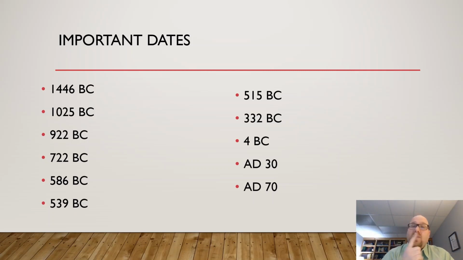AD 70. Oh, the nature of the war. The war was enormous. And there's a lot that's written on this. There's a Jewish historian named Josephus who wrote an important historical document called the Jewish Wars. And we learn from Josephus and others that Rome sent a quarter of all of its legions to Judea to fight the Jewish folks.